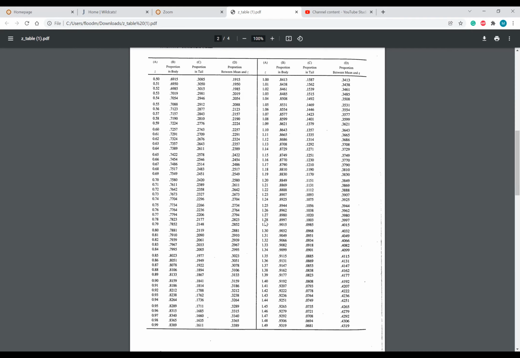So for this problem, you would have to look back at your distribution and figure out if this is a positive z-score, meaning it is above the mean, or a negative z-score, meaning that it is below the mean. In this case, it is above the mean. So the z-score is positive 1.28.